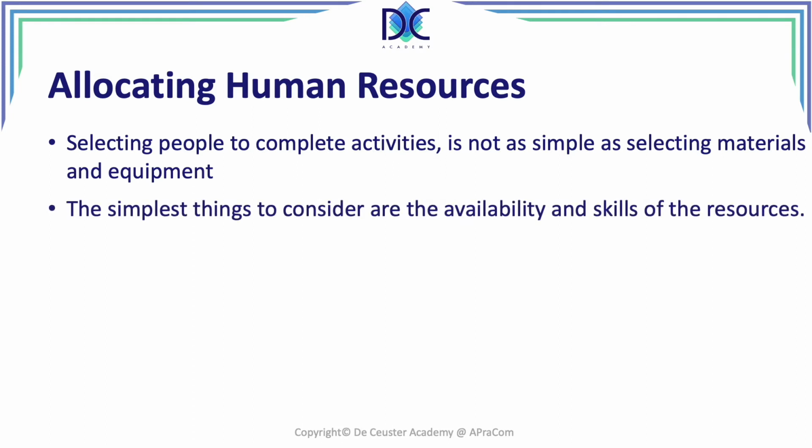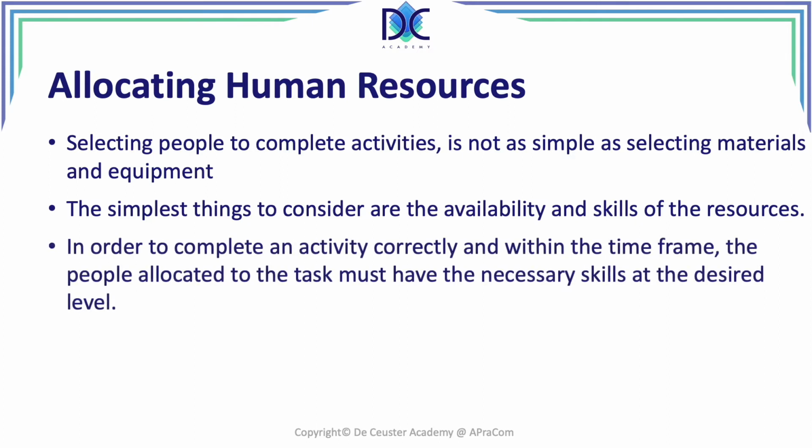The simplest thing to consider when allocating people to activities is the availability and the skills of the resources. Availability is according to the calendar, and the skills relate to training, certifications, and previous experiences that we have with these people.